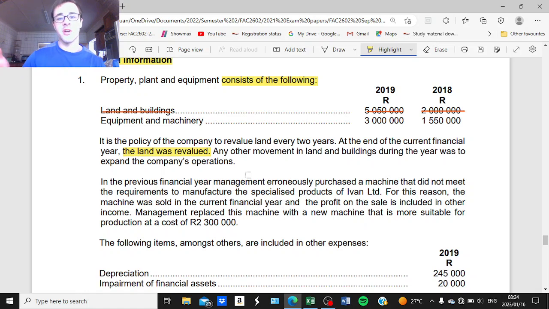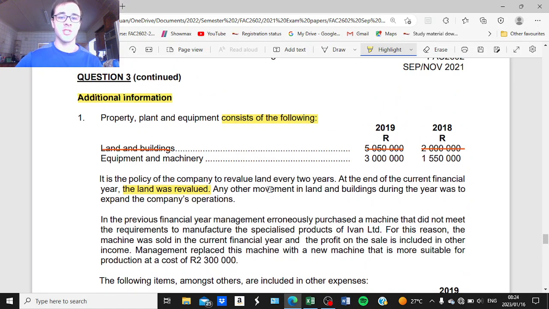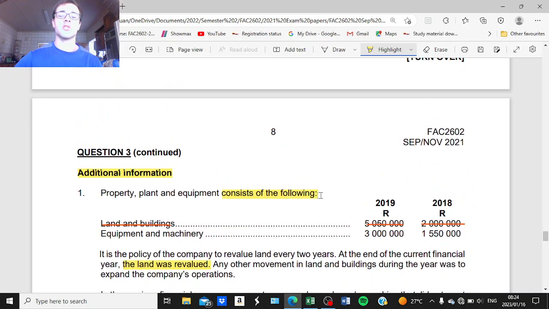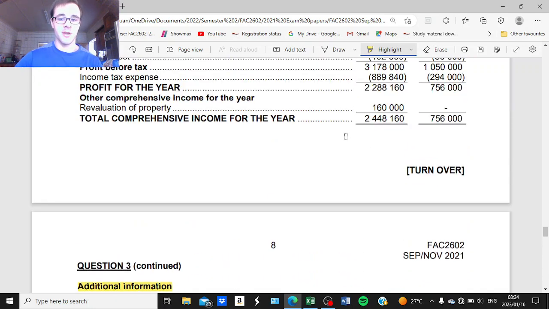So we know that revaluation surplus is applicable, and the revaluation surplus for the current year caused an increase in the fair value of land and buildings. The first place that we search for the revaluation surplus for the current financial year will be in the statement of profit or loss and other comprehensive income.